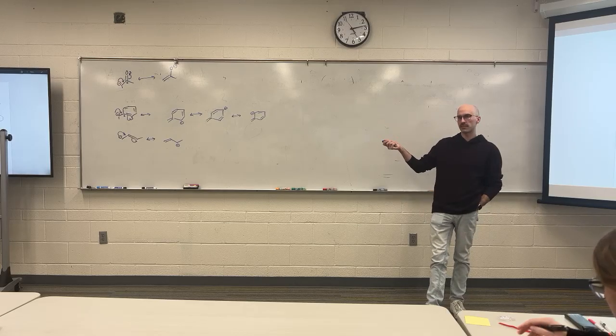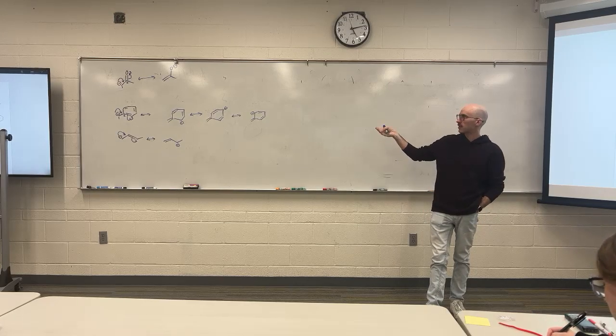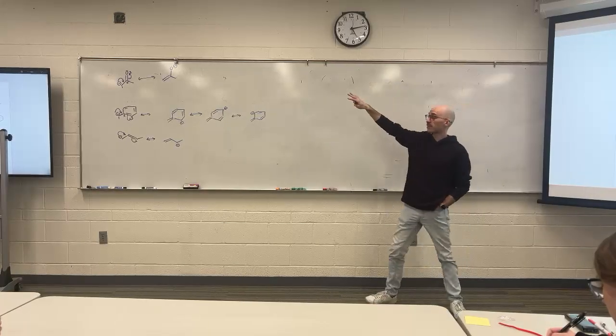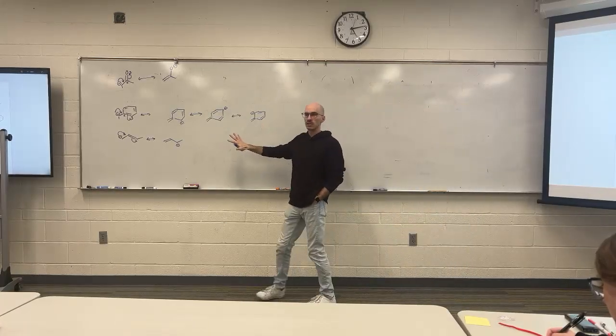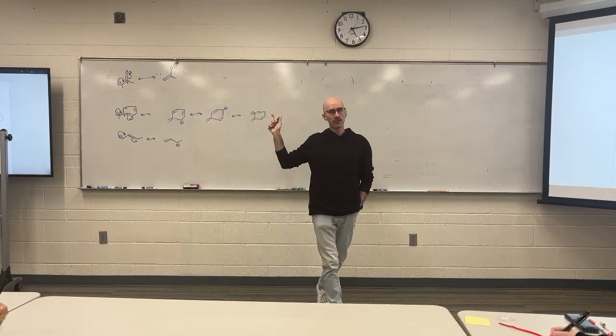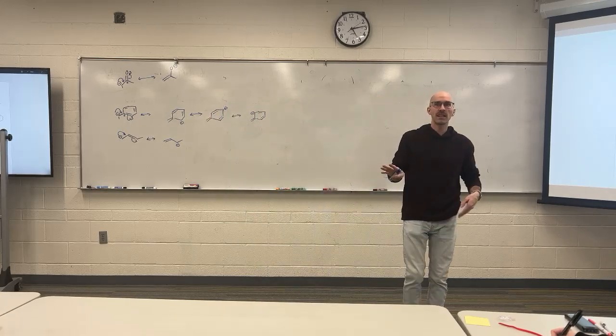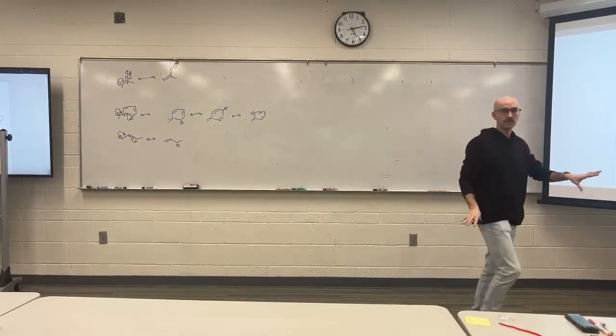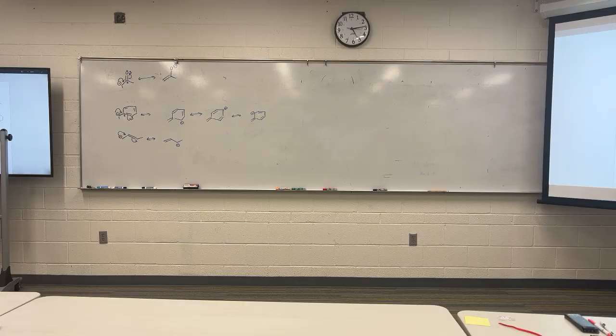So I'd like you guys to discuss which of these resonance forms, which of these conjugate bases, which have different numbers of resonance forms and different atoms involved, which of these conjugate bases do you think is the most stable? And in other words, which of the conjugate acids do you think is the most acidic?